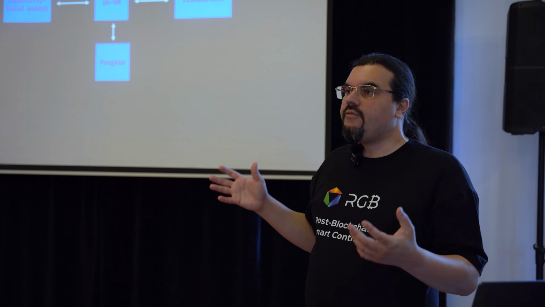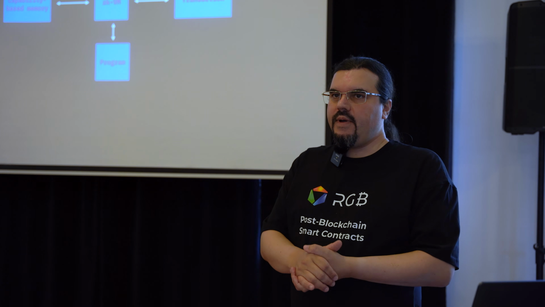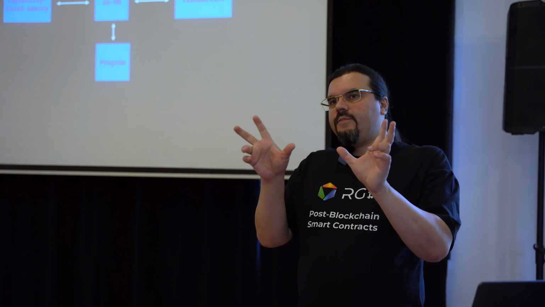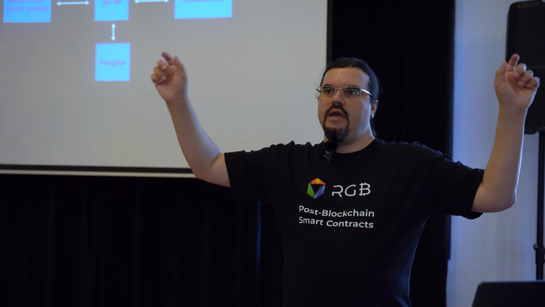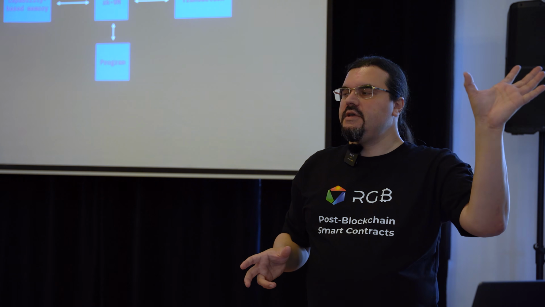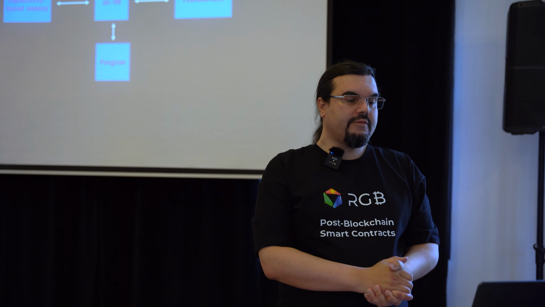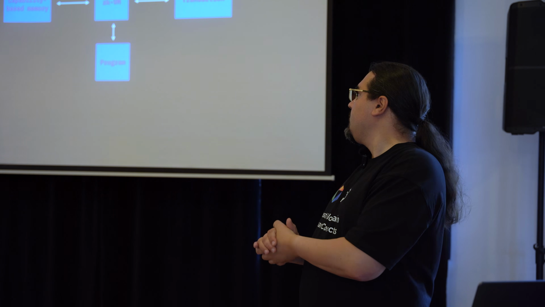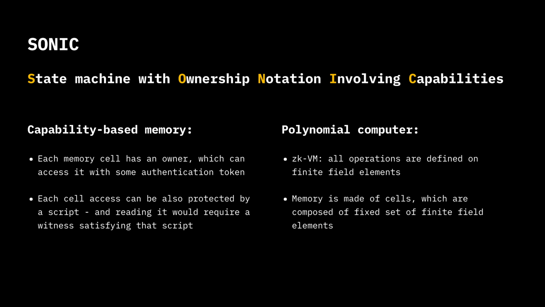And instead of random access memory, instead of RAM, we have a capability-based memory consisting of specific cells. So you don't have just memory which you can randomly address. It's a cell-based form of memory where each cell is made of finite field elements, which can be used in polynomials. The ZK VM operates with them, and the verification program is run on top of the VM.